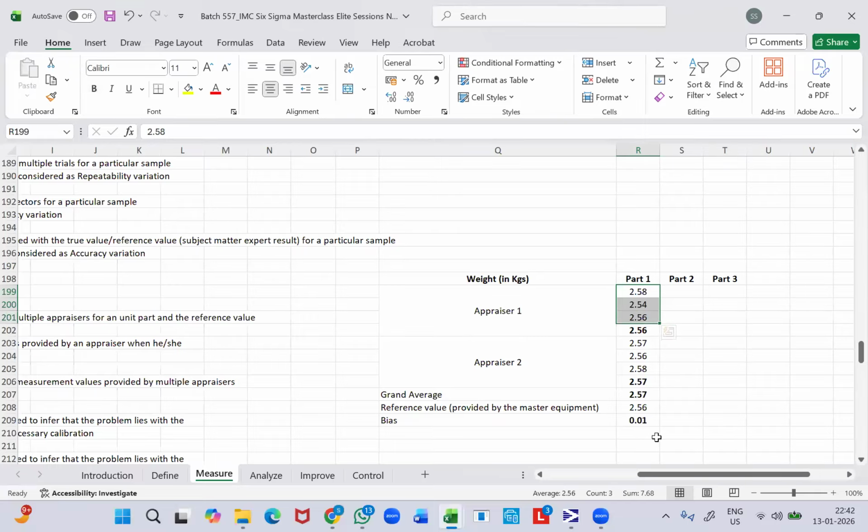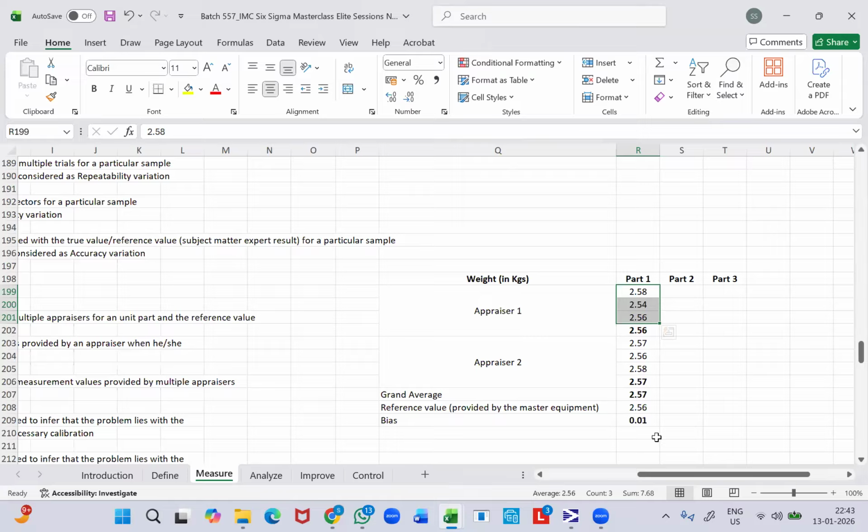So again, I repeat: the repeatability variation or the gauge variation is nothing but the differences in the measurement values provided by an appraiser when he or she measures the same part using the same gauge multiple times. So with the same part and the same appraiser, when it is measured multiple times, we get different values. Then the differences or the variation in the measurement values that we observe is due to the measuring equipment. That is why this repeatability variation is called gauge variation.